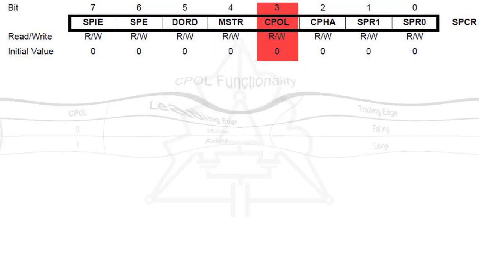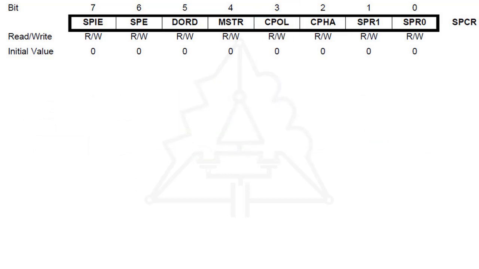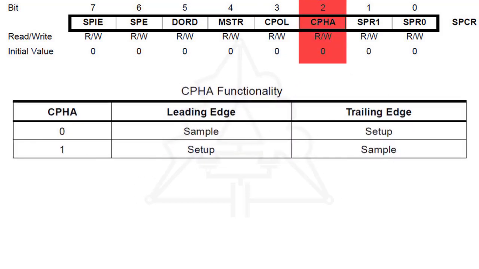When this bit is written to 1, SCK is high when idle. When CPOL is written to 0, SCK is low when idle. The settings of the clock phase bit, CPHA, determine if data is sampled on the leading, first, or trailing, last, edge of SCK.